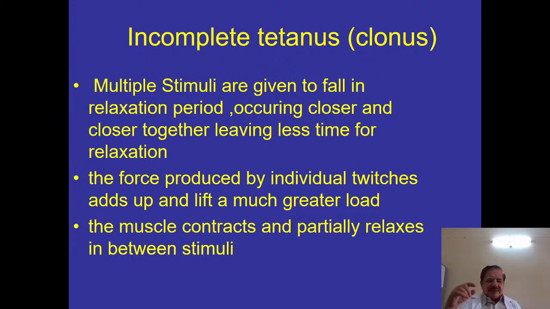It is just like a blade. As you go up above the relaxation period, giving a stimulus, at that time you get a saw-like appearance of the contraction, because you are giving stimulation as soon as the muscle has started to relax.